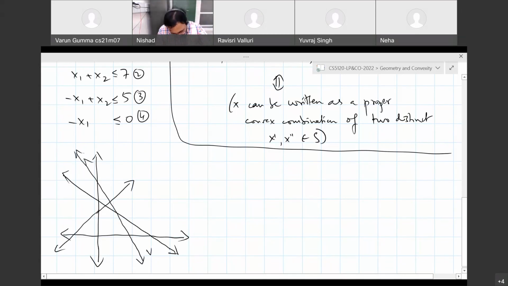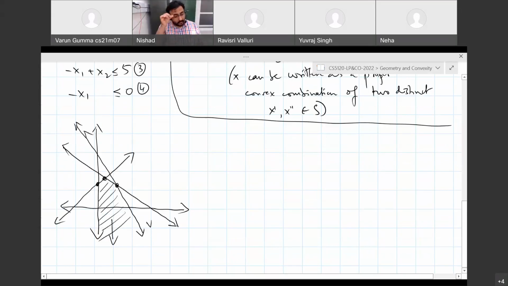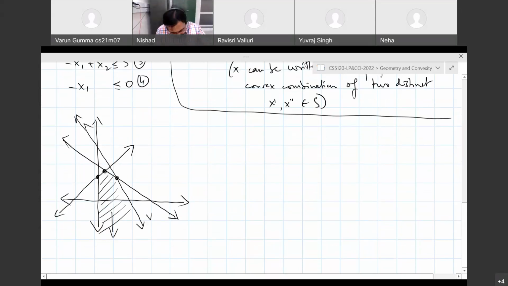And these 3 points that you can see here, those are the extreme points for this particular polyhedron. Notice that the feasible region is everything here. It is not a polytope, it is a polyhedron. And these 3 points that you see here are (0, 5), (1, 6), and (2, 5).